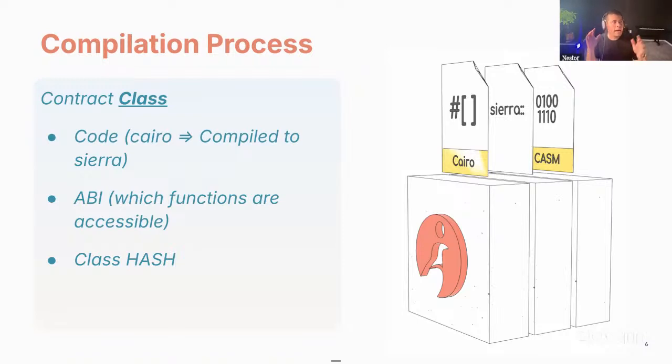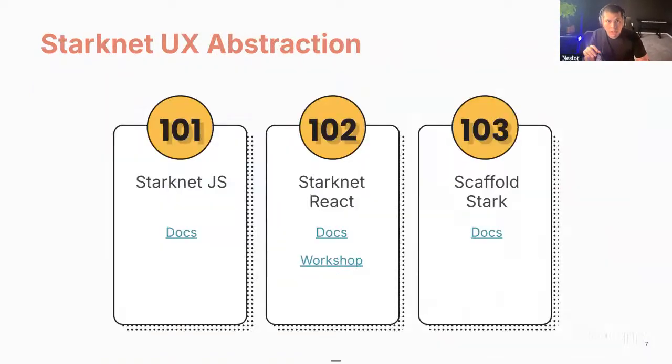I was thinking a lot on how to do this workshop because on Basecamp, we go from a more kind of middle ground in terms of UX abstraction. And what I mean by that is that I created this slide in order to explain how I see it. Let's say that you want to understand the more fundamental basics on how you can interact with the Starknet chain, right?